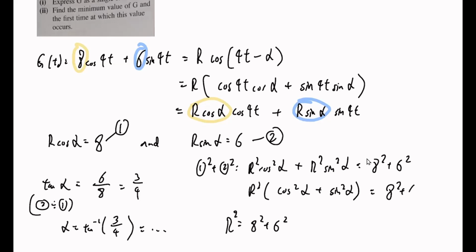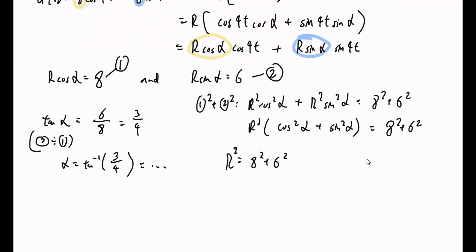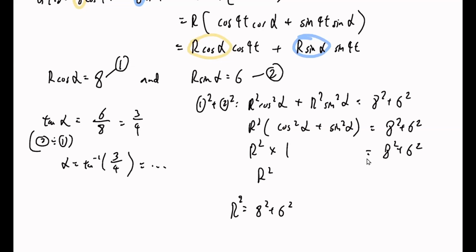But wait, what is sine squared plus cosine squared? It is just equal to 1. So r squared times 1 equals 8 squared plus 6 squared. Therefore, r equals the square root of 8 squared plus 6 squared. Don't need to take the negative square root.